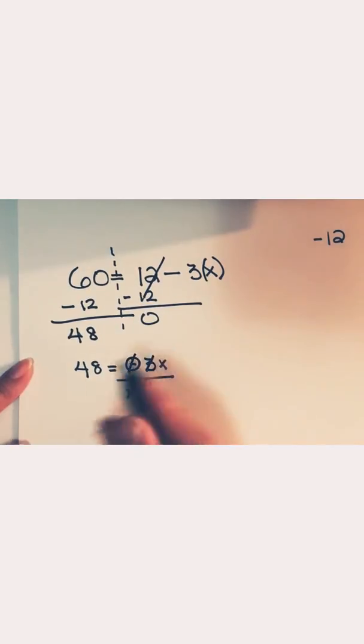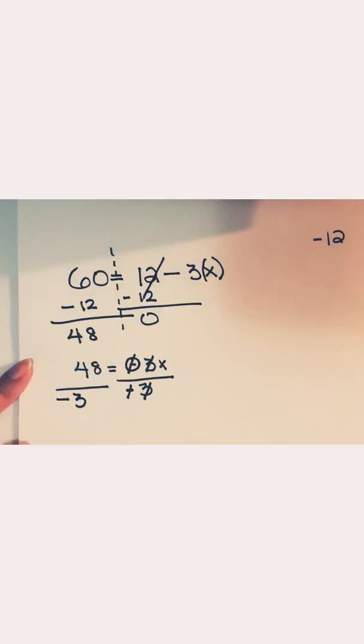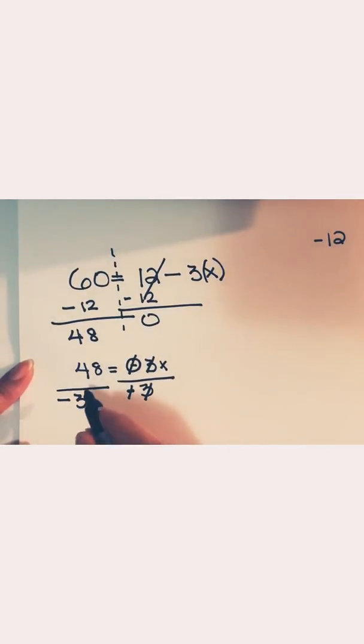So you're just left with the x. But remember, you have to divide here on your left side. So here it's going to be -16 equals x.